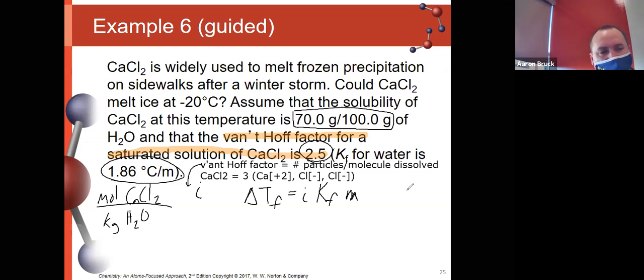So all that we really need to do is turn that 70 grams of calcium chloride into moles. 70.0 grams of calcium chloride. Molar mass of calcium chloride, 40.08 for the calcium, 35.45 for the chlorine times 2 is 110.98.